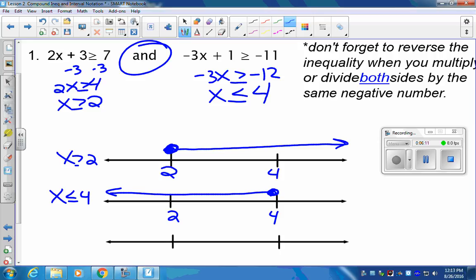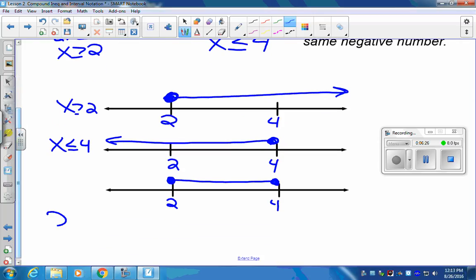Now I want the conjunction. So I'm going from 2 to 4. Here's where they overlap. That is my solution. And if you want, you could write that as one inequality. You can write conjunctions as one inequality, because really that's what's represented. X is in between 2 and 4 inclusive.